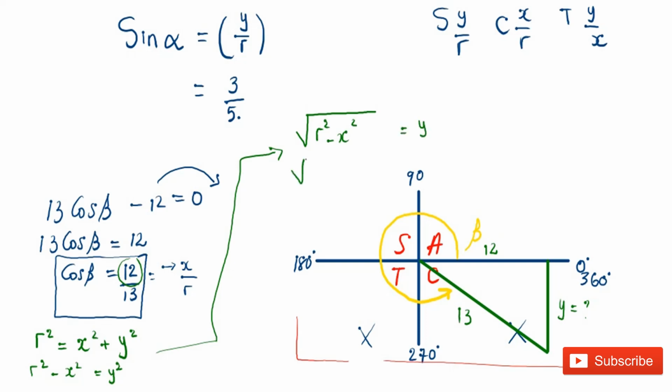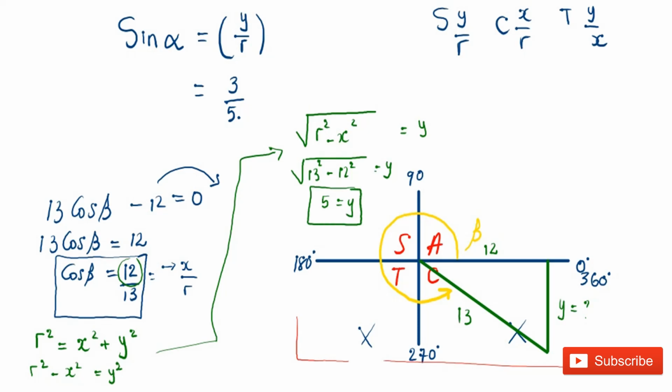Our r is 13, all squared, minus your x, which is 12, all squared, and you find that your y value is equal to 5.